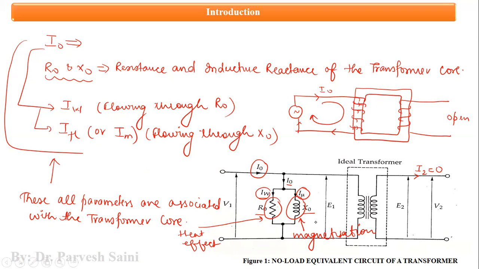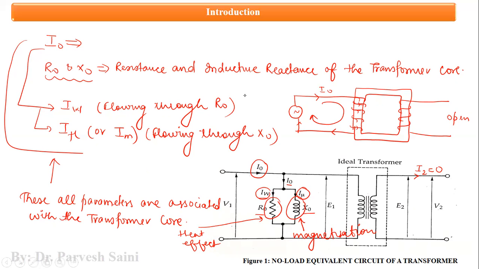So now these two effects are created by this I naught, which is no doubt a negligible, very low current, but these effects are present in the transformer, right?